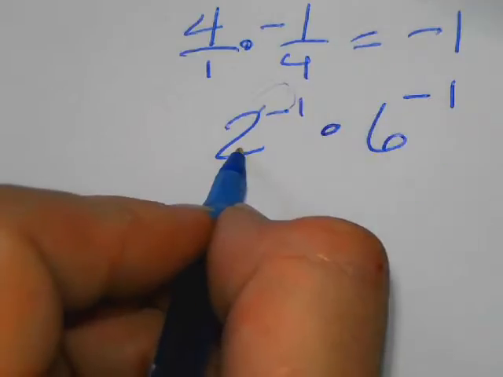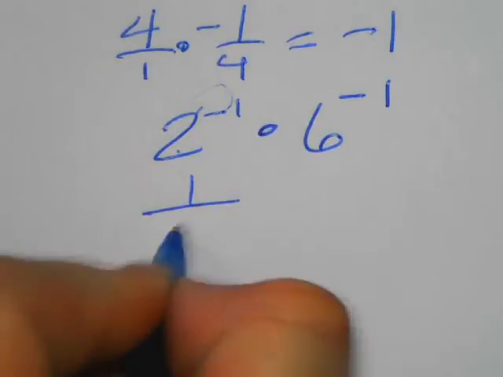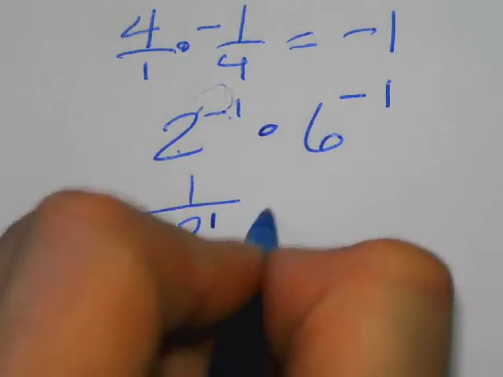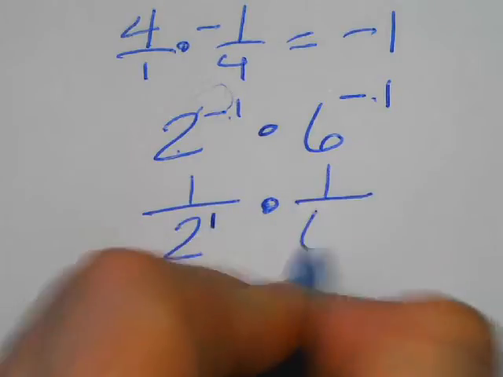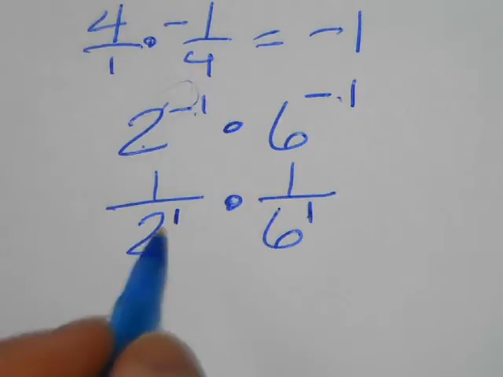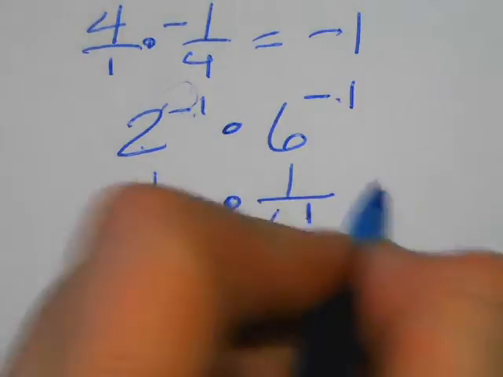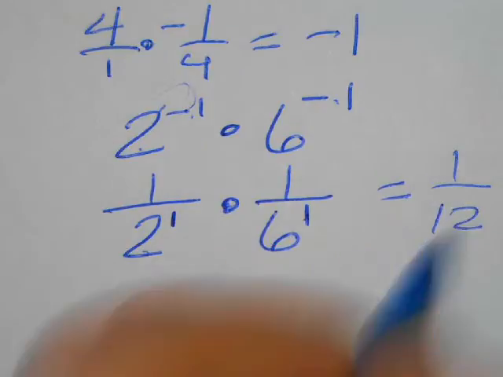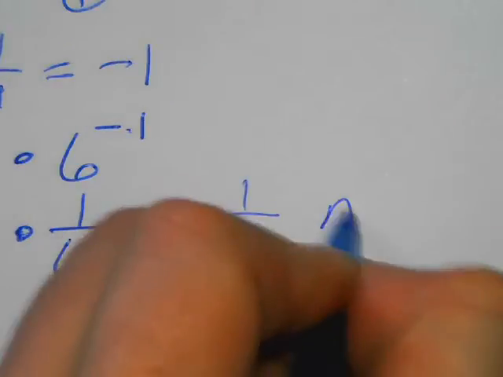So I'm going to push my 2 down to the denominator, and it changes from a negative to a positive exponent. I can do the same on the other one. And now I can just multiply my fraction straight across. 1 times 1 is 1. 2 times 6 is 12. And that means that this is option A.